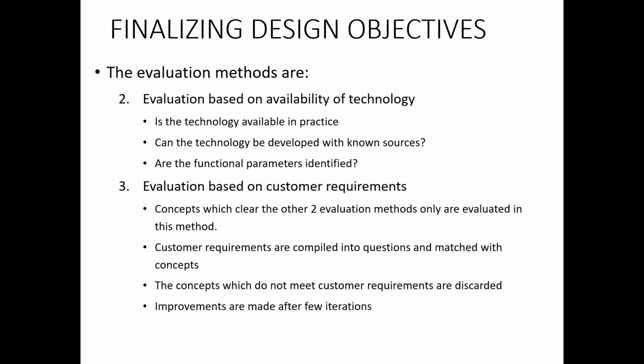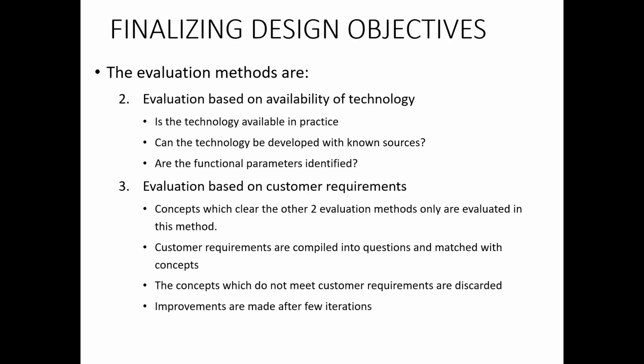Suppose the technology to build that product exists only in foreign countries, and suppose our company is in India. We cannot wait forever for that technology to come to India, and then switch over to that technology and start the design and manufacturing process. That cannot happen. So we have to check whether the technology is currently available with us so that we can start working on it right away.